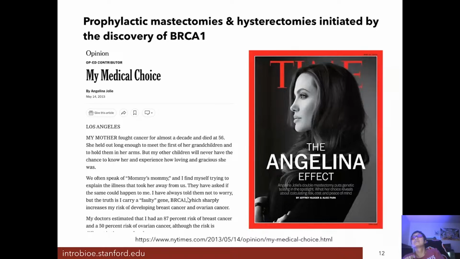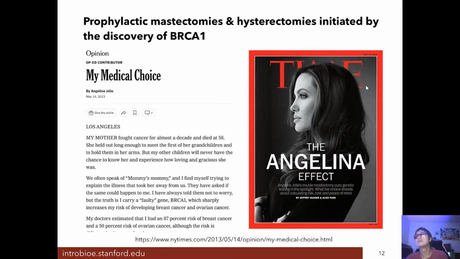They wanted to know, did I carry also a dysfunctional copy of the protein? And for women who found a mutation in their genome in this BRCA1 gene, they were also electing mastectomies and hysterectomies, which is the removal of their ovaries.